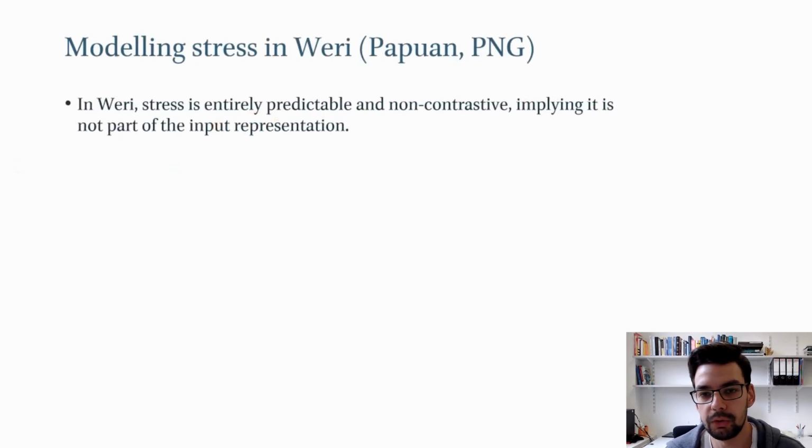Right? For a language where I can make a contrast in meaning depending on where I put the stress, do I put it in the first, the second, the third, the fourth syllable, and they all mean something different, well, then I have to memorize that somehow, right? I have to store that as part of the input representation, and it's not derived. But in this case, well, I don't have to. So there must be a system for a Weri speaker that can derive these things.